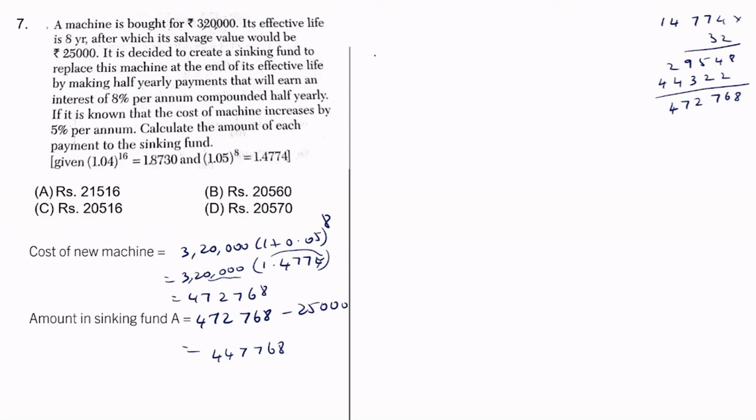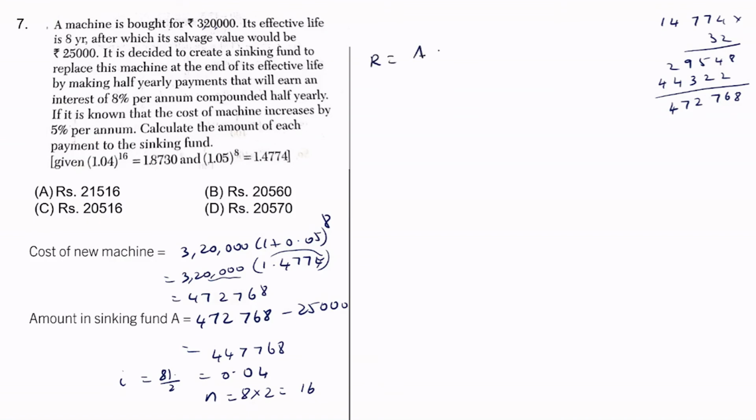Now we need to find R. Here it is given, the payments are done half yearly. So I will be 8% per annum compounded half yearly. So it is 8% by 2, which is 4%, or it is 0.04. And N is, its effective life is 8 years. Since the payments are done half yearly, N will be 8 into 2, which is 16.